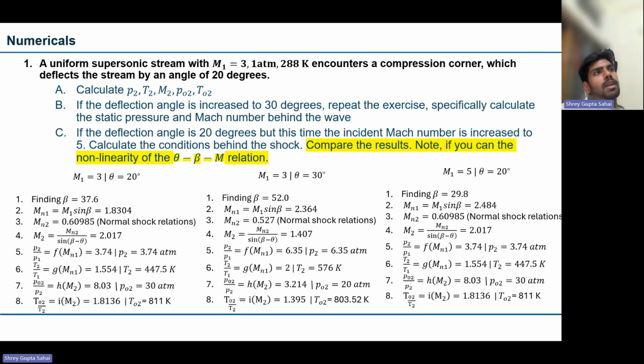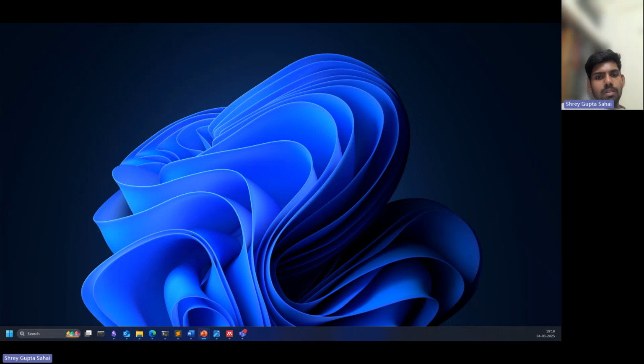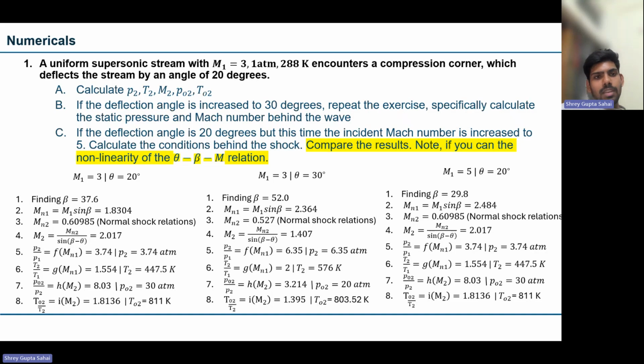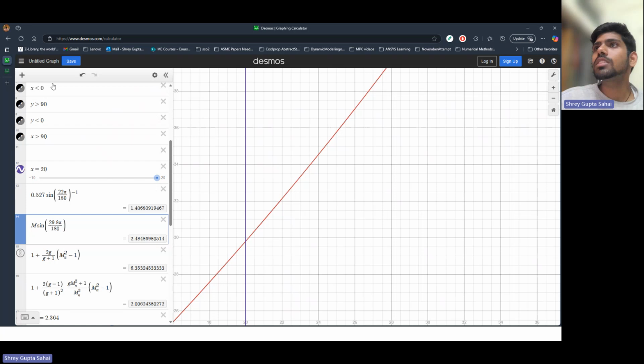They will mix it with Prandtl-Meyer expansion waves and reflection waves to increase the complexity. Okay, let's go and look at the normal shock relations.